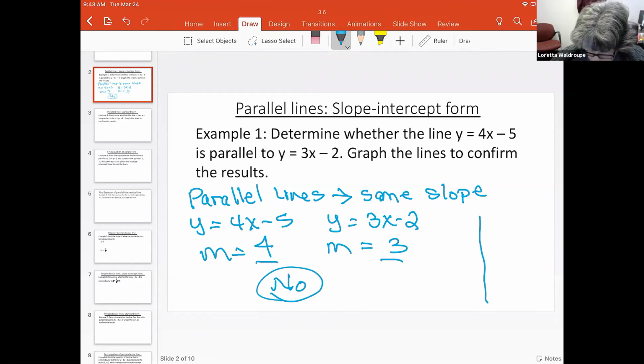Now, if you graph them over here using your slope and your y-intercept, so this equation goes to -5 on the y-axis, and then I can go up 4 over 1 and draw my line. Let's try that again.